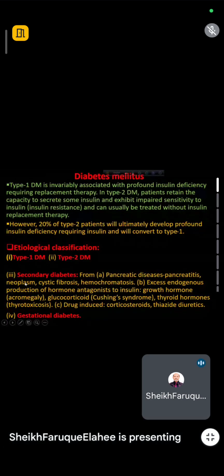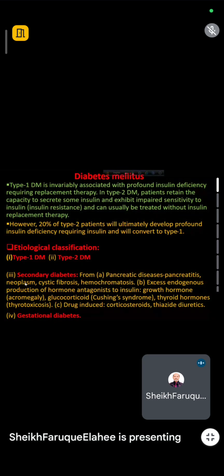Or he may have a neoplasm, he may have cancer in the pancreas. Cancer of the pancreas. This cancer damages his insulin producing cells. So this diabetes will be secondary diabetes. Diabetes which occurs due to disease of the pancreas itself. Inflammatory disease, neoplastic disease, like this.